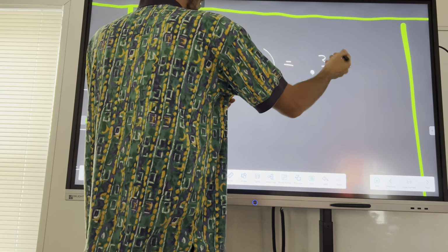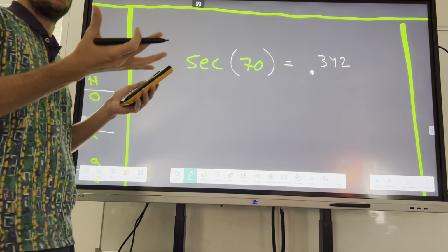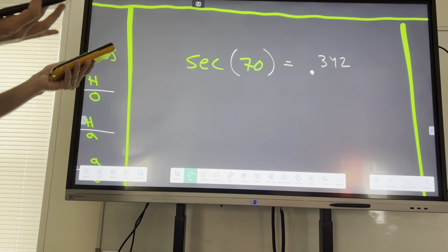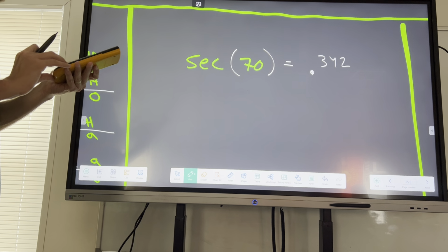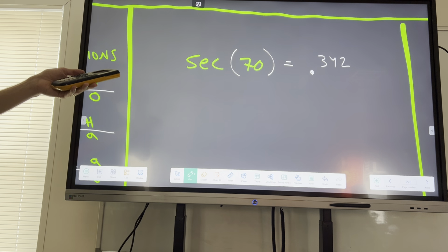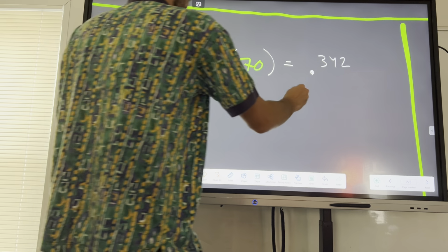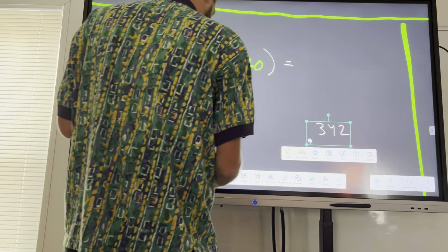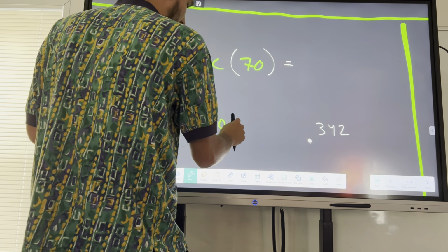That's because this is supposed to be the fraction of the ratio. Maybe we can try math frac, but it doesn't really work. Remember, this is not the secant. This is the cosine of 70.